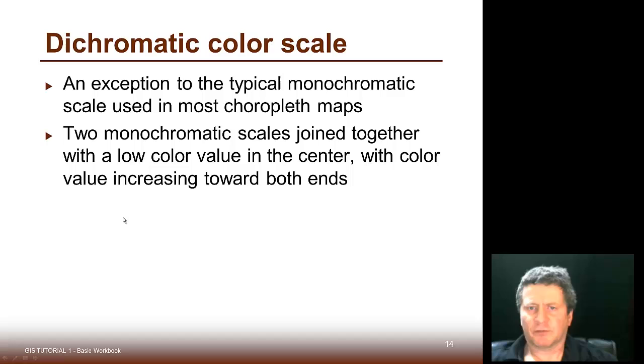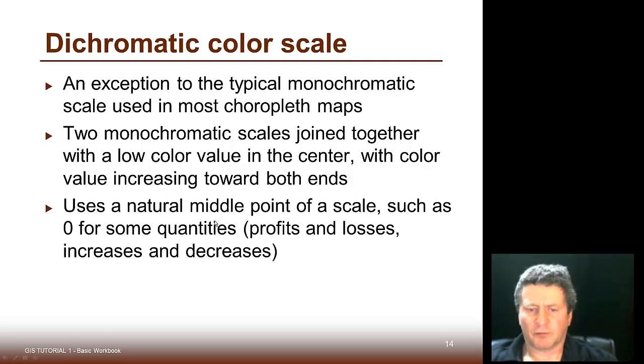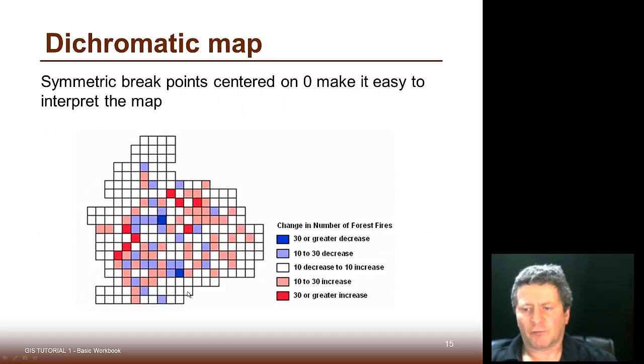So most monochromatic scales are a typical thing, but we can use two monochromatic scales and join them together in the center. Now this is helpful if we're looking at increasing and decreasing. So using the middle point as being a 0, we're going to one color if population is leaving, and another if population is increasing, for example. So here, forest fires, right?